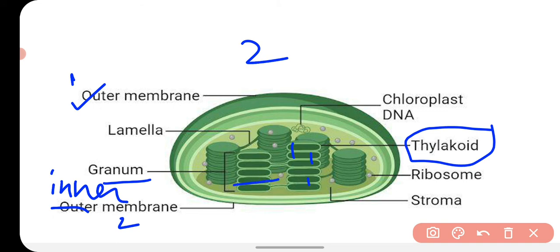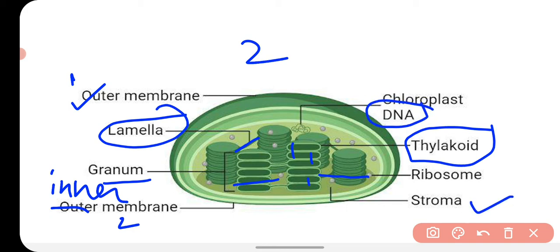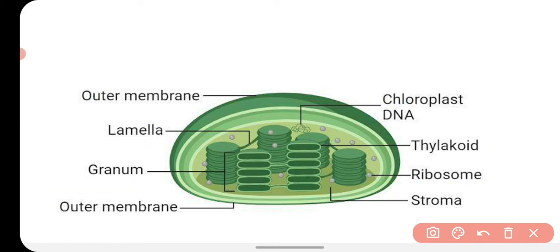There are many grana present inside the chloroplast, and the grana are connected with a structure called lamella. And inside the stroma you can see a strand of DNA as well as ribosomes.